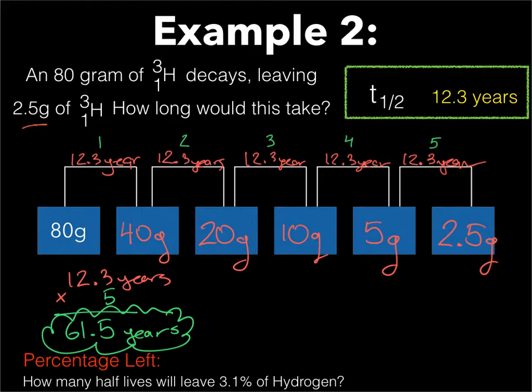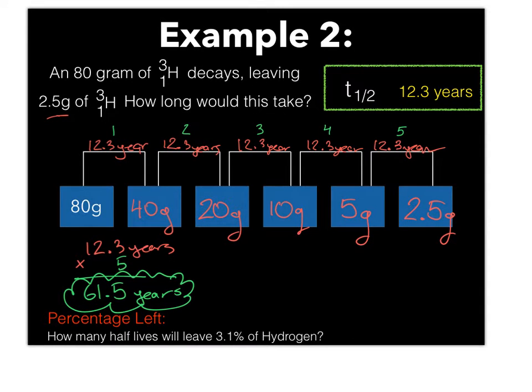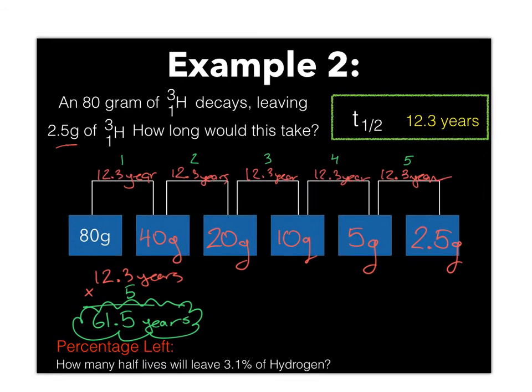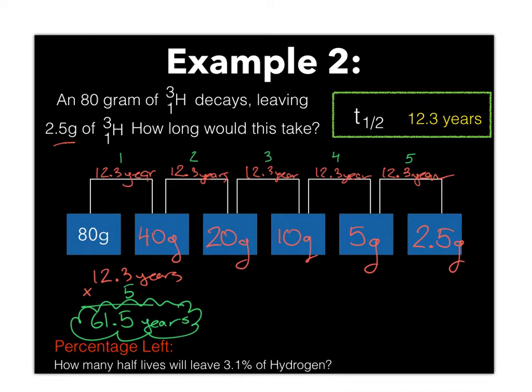If we wanted to put this in percentage form, you can see at the bottom how many half-lives will leave 3.1% of hydrogen. All you have to do in order to calculate this is know that our initial amount is going to be 100%. Okay, and going from 100 to our first half-life, we're going to end up with 50%.